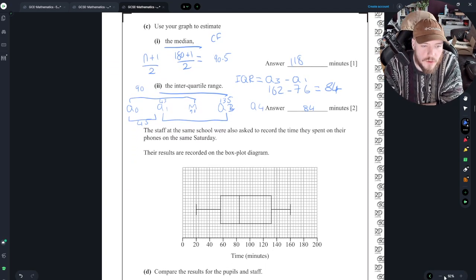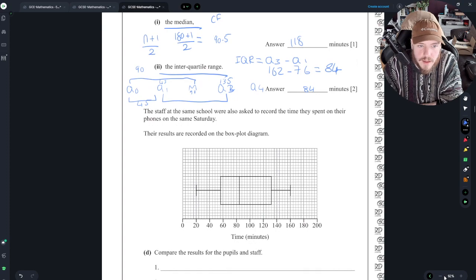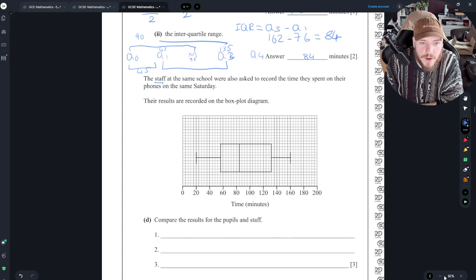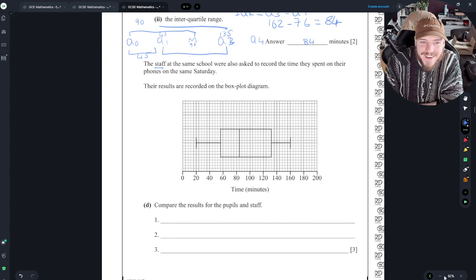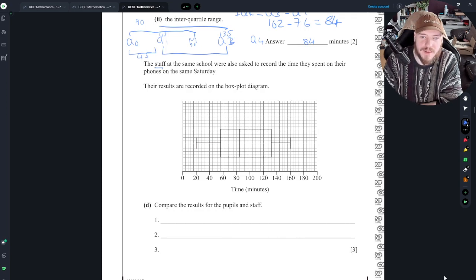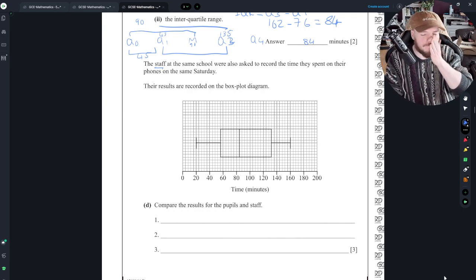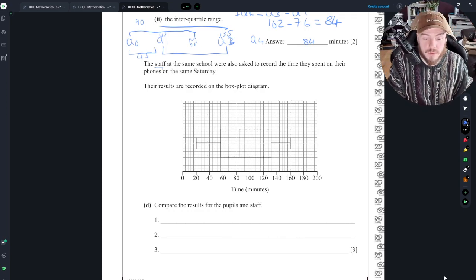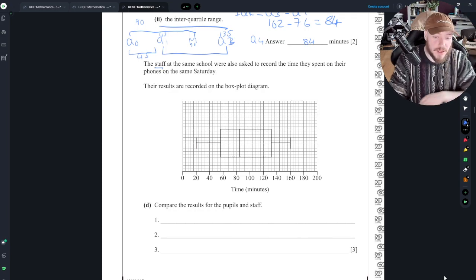Alright, so the staff at the same school were asked to record the time they spent on their phones on the same Saturday. Well, we know the staff are going to spend the majority of their time probably on Facebook because that's what parents do. So their results are recorded in a box plot diagram. If anybody doesn't know what a box plot diagram is, I'm just going to break it down right now.